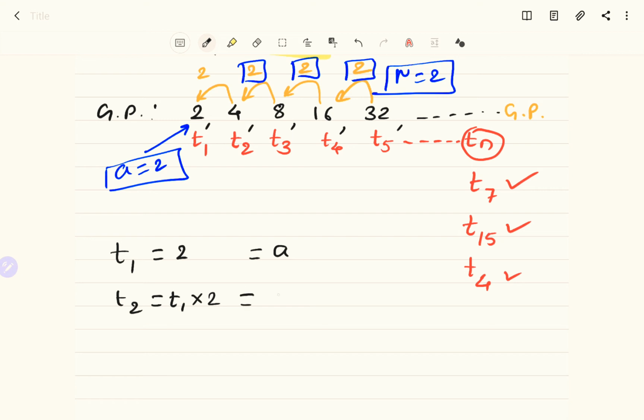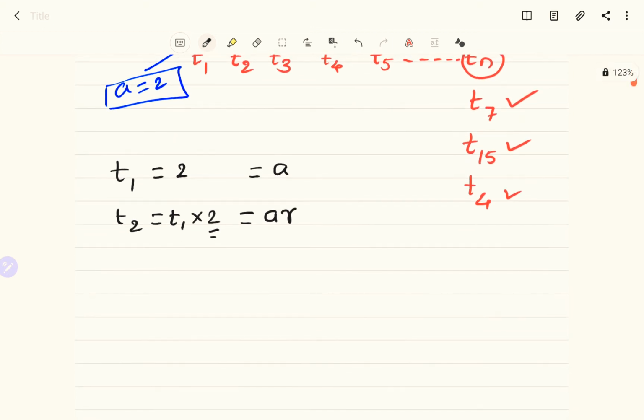Here I am changing the pattern a little bit. T1 in this case is a, and this 2 is r. So this is ar. The second term in this case is ar.